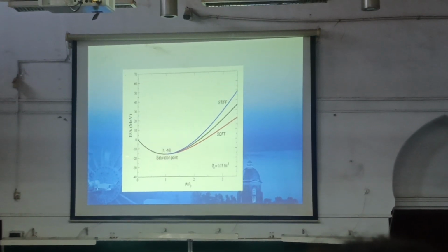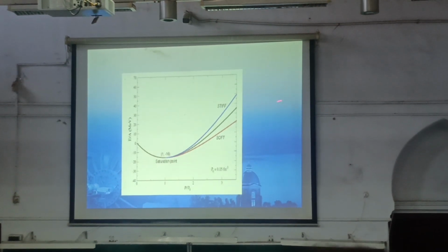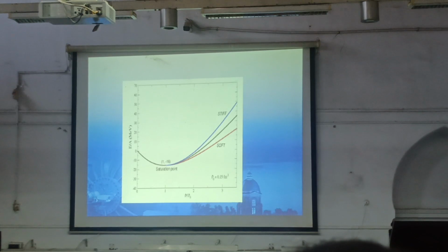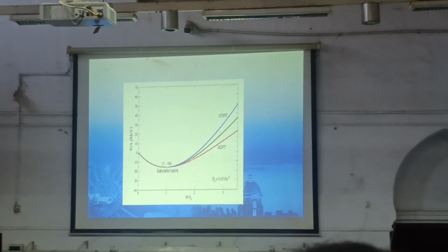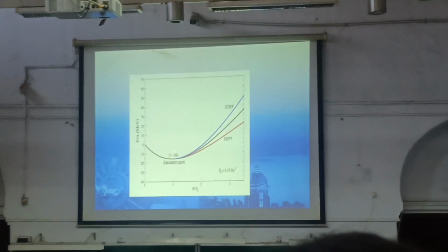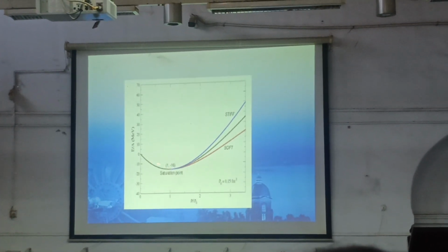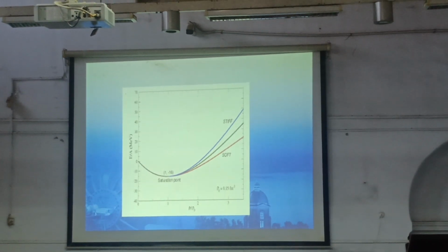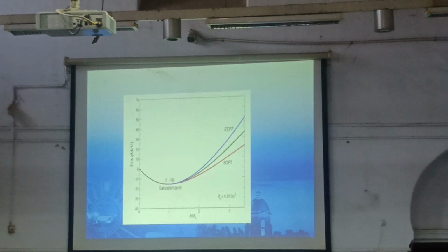So if you look at it, these are three equations of state. They have the same binding energy per nucleon, they have the same density, but they have three different compressibilities. This I call normal, this would be called the soft equation of state, this would be called the stiff equation of state. That means in this equation of state, I need lesser energy to change the density by a certain amount.